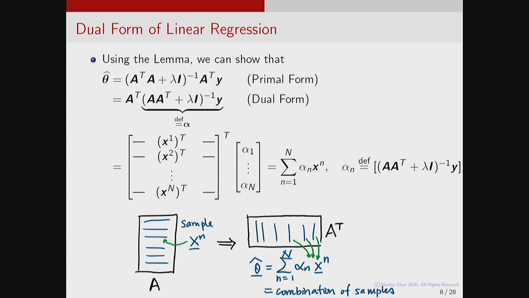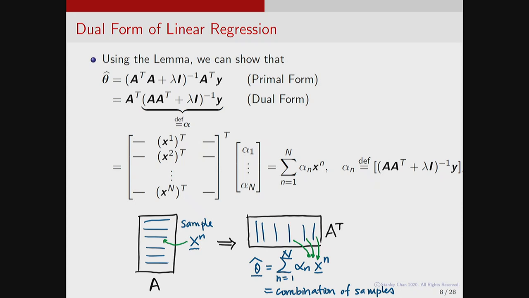So if these are the rows of the A matrix and you take the transpose, all these rows become column vectors. Since you put a transpose outside, you turn this A matrix into a matrix in which each column represents a data point. And now you're forming the linear combination of all these data points. That will give you this summation of alpha n and xn.